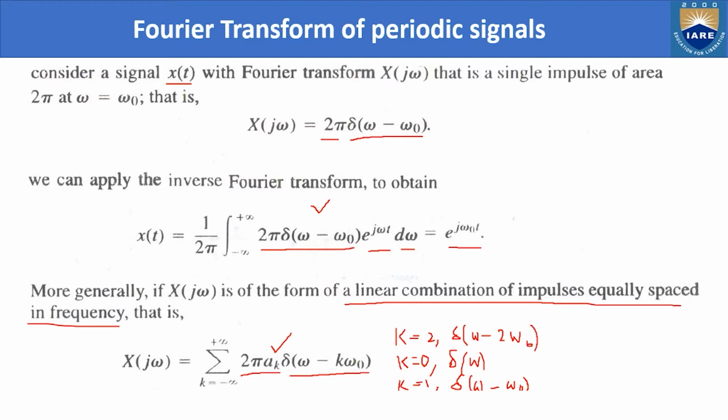So you will get a fundamental frequency omega naught and its kth harmonic here, k equal to 1, 2, 3, 4 like that. When k equal to 0, it is a DC term. So you have taken an infinite number of shifted impulses. That means a set of infinite number of impulses equally spaced by omega naught. The spacing between two successive frequencies is omega naught.